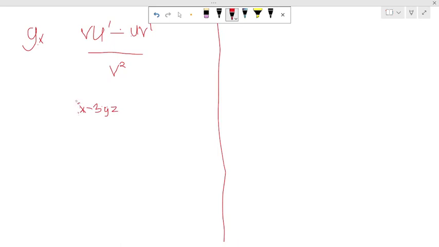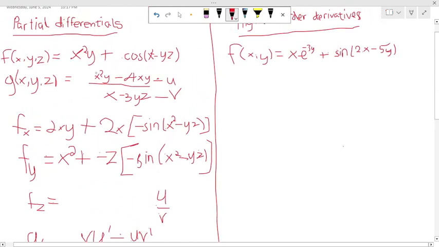That's our v. So now with our u prime, we are differentiating our u with respect to x.